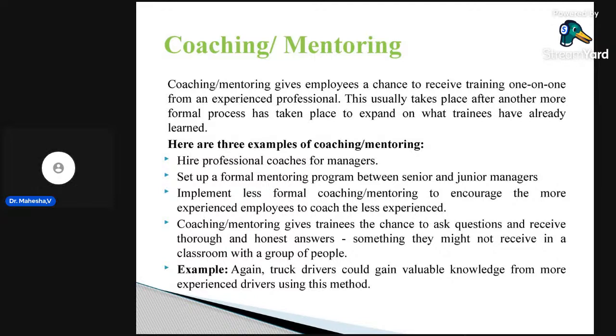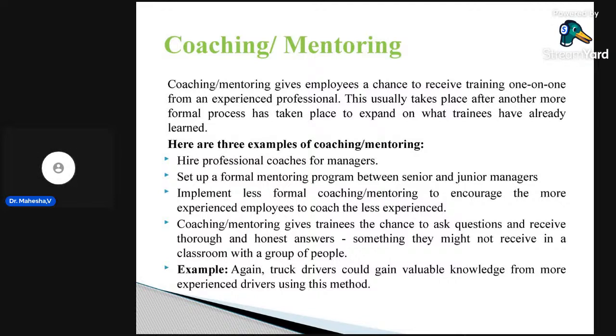We have the third method, coaching or mentoring. What is this coaching or mentoring? Coaching or mentoring gives employees a chance to receive training one on one from experienced professionals.